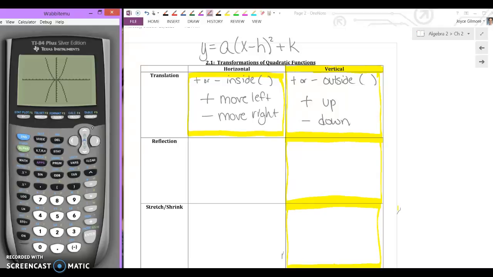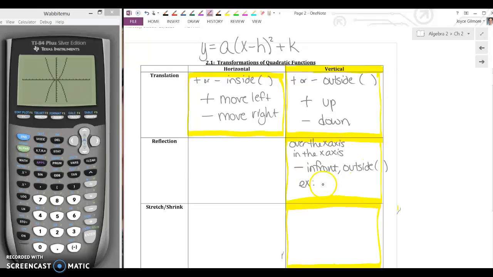If you reflect over the x-axis or in the x-axis, they're going to use the phrase over the x-axis or in the x-axis. Those two phrases mean the same thing. It means a vertical reflection over the x-axis. You put a negative in front, outside of the parentheses.